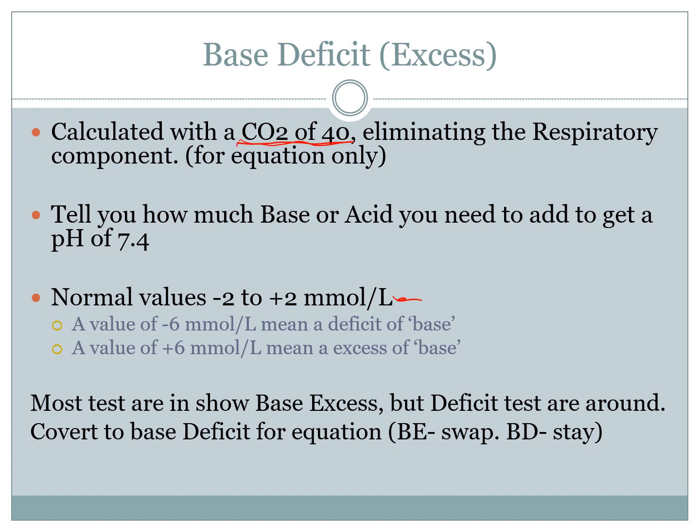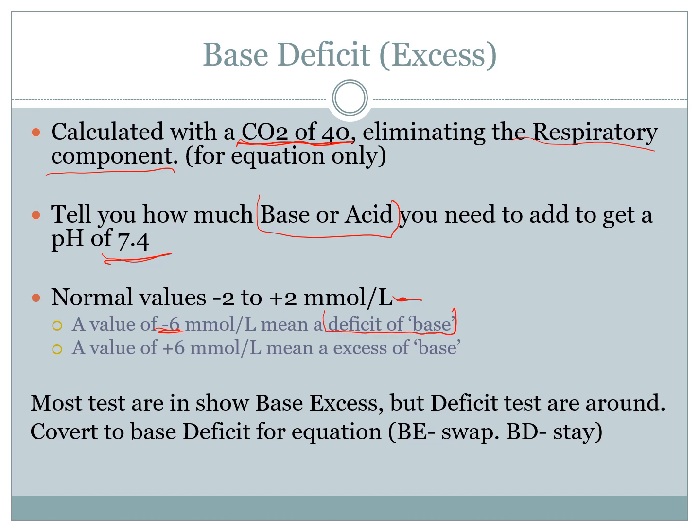So they set the CO2 level to 40 regardless of what it is really, and therefore eliminate the respiratory component, and they see the acid base problem associated with the numbers, and they give you a numerical value that means how much base or acid you need to add to that body or that mix in order to get a pH of 7.4.